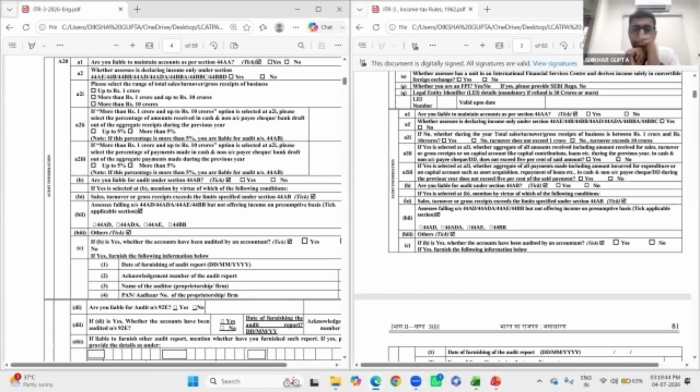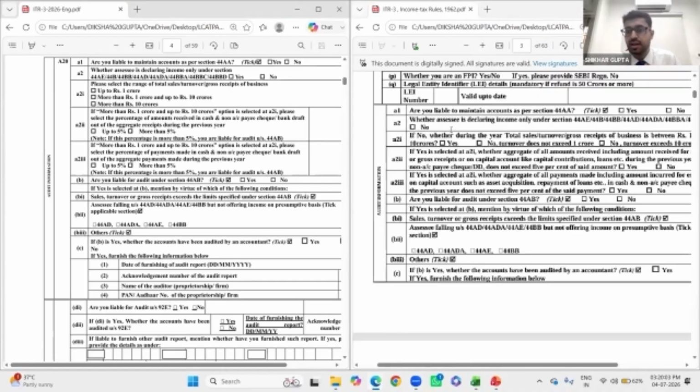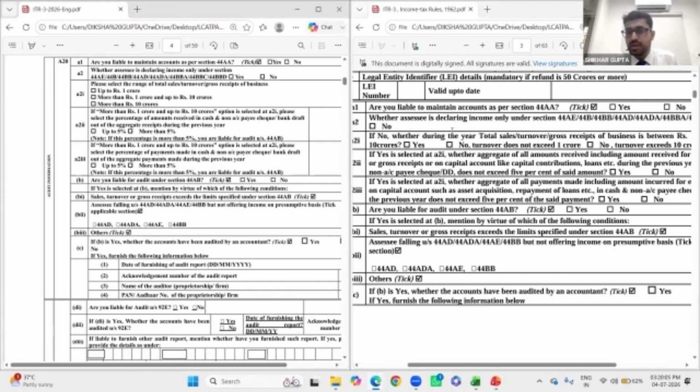Okay. So one important change which is actually introducing clarity is over here. Now on the right hand side of the screen is ITR-3 for assessment year 25-26 and on the left hand side is ITR-3 for 26-27. So we are focusing on the right hand side. Now, what was there?